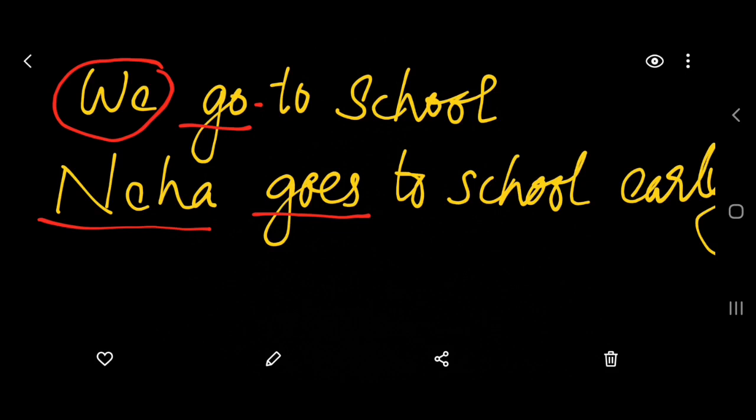Neha, that's a girl. That is single one. Now Neha is singular. Now we may use s with the verb. Root verb in the കൂടെ s ചേർത്തു. So Neha is singular. So we added s to the verb. Neha goes to school early in the morning.